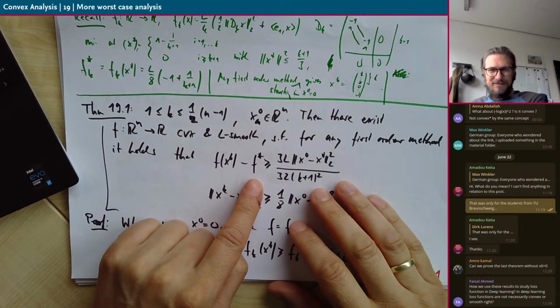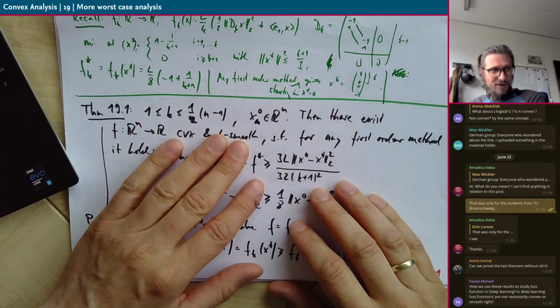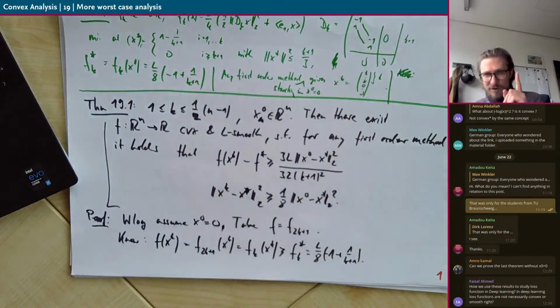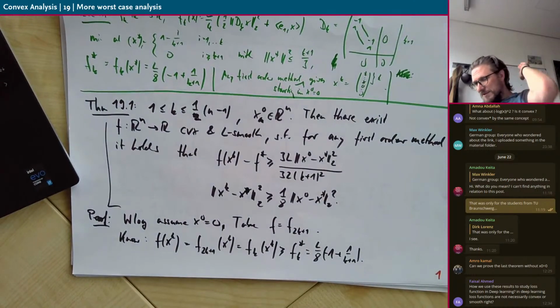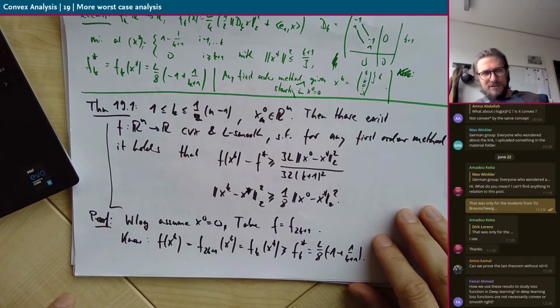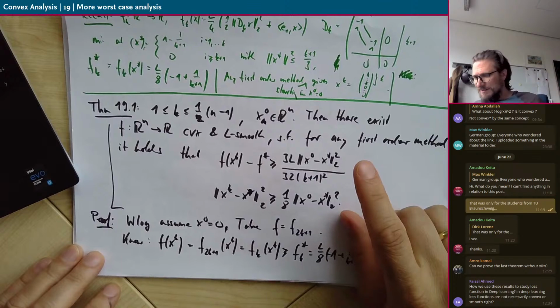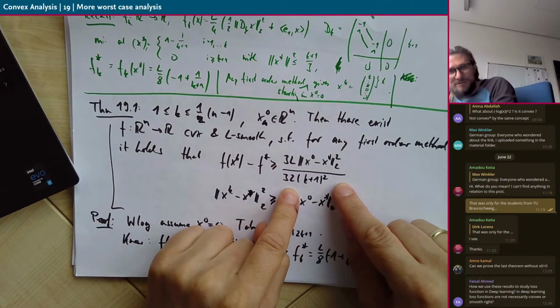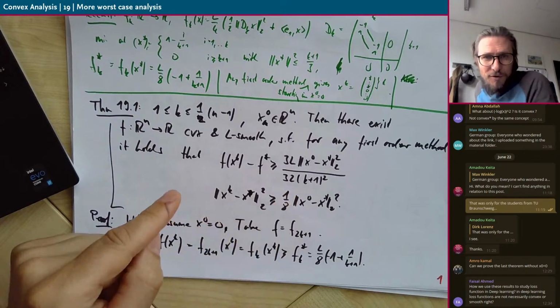Okay. So if you have further questions, keep asking. I try to answer them as fast as possible. And otherwise, we have our next lecture tomorrow. We're going to analyze it from the other side. Now we proved the lower bounds, and in the next lecture we're going to prove upper bounds for some algorithms.